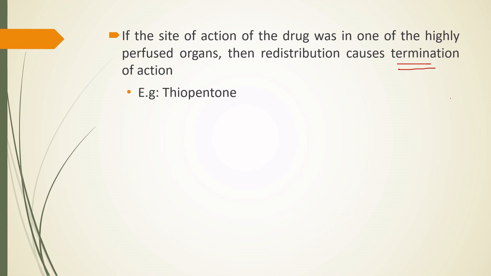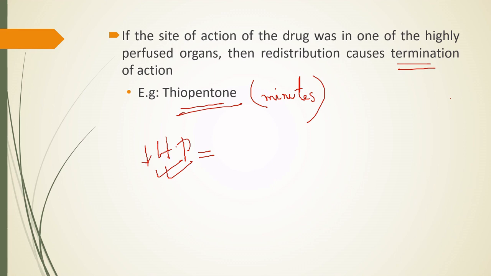So the concentration of the drug at the highly perfused organ will be lower, and if the site of action of the drug is in that highly perfused organ, then obviously there will be termination of action. This is seen in the case of an IV anesthetic known as thiopental sodium. Thiopental sodium has an action that lasts within minutes, but this termination of action occurs because of its redistribution.